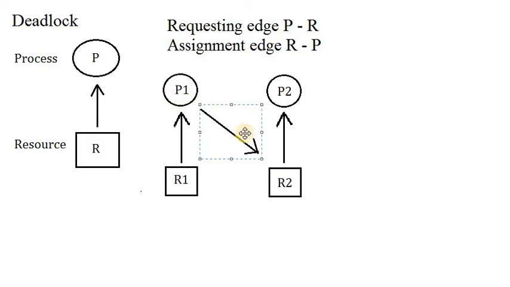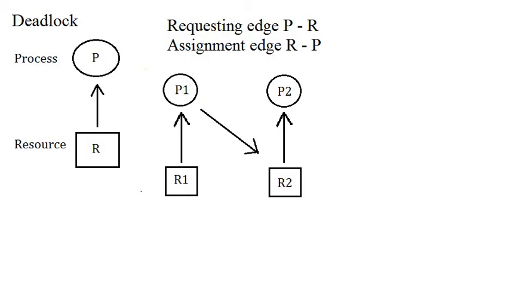So P1 is requesting R2, but R2 is already held by P2. R2 will be released when P2 gets completed. Then R2 will be free and it will be allocated to P1. Then P1 will be completed because the required resources R1 and R2 are there for P1. So there is no problem in this network.